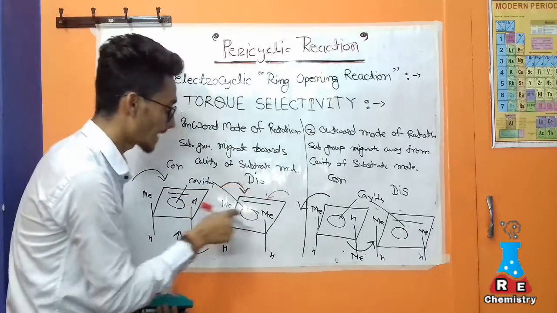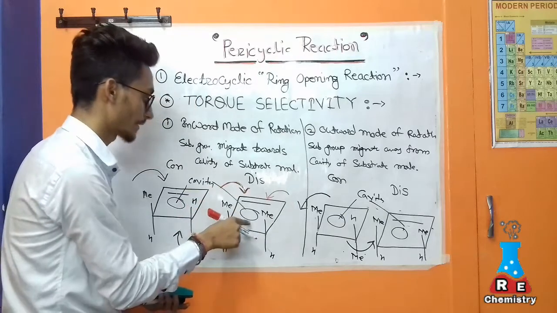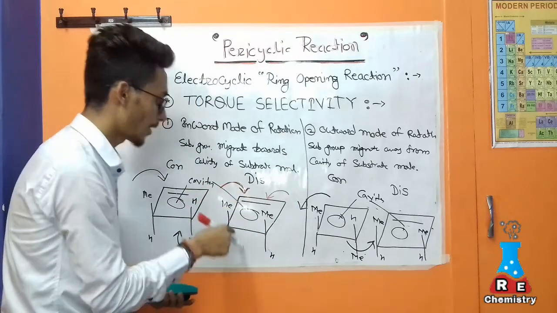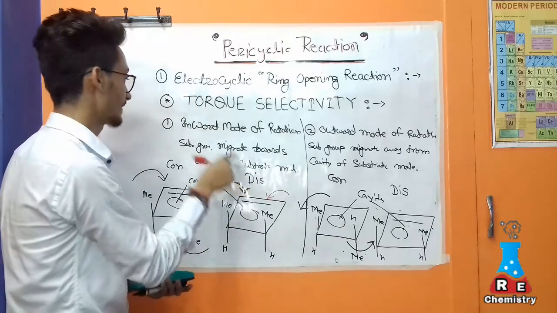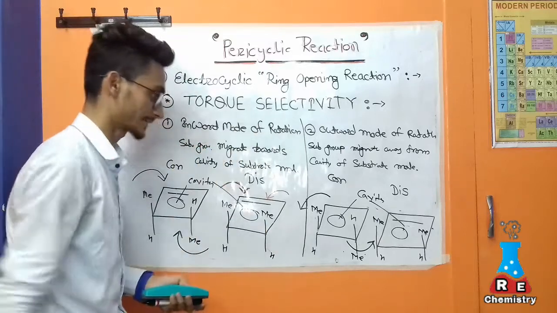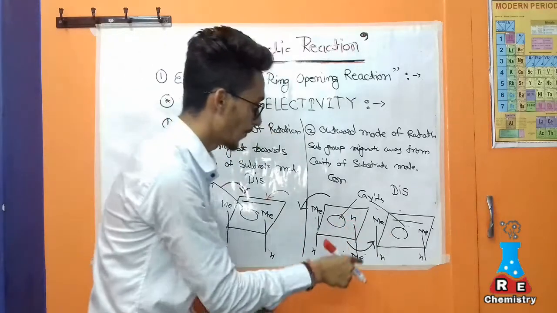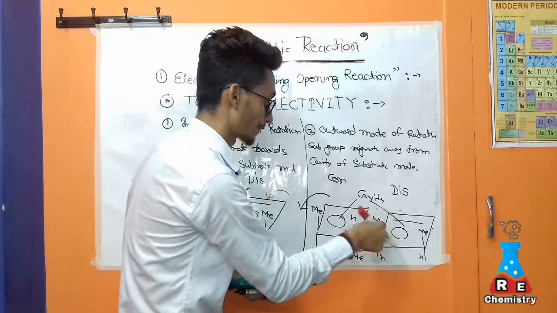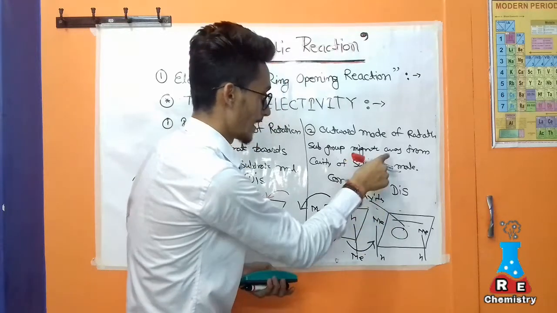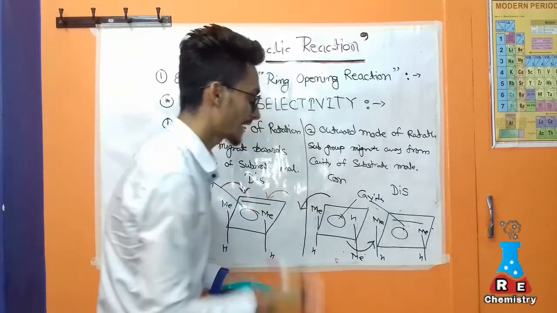But both migrate toward the cavity, so this type of rotation is called the dis-inward mode of rotation. In the other case, both rotate away from the cavity.